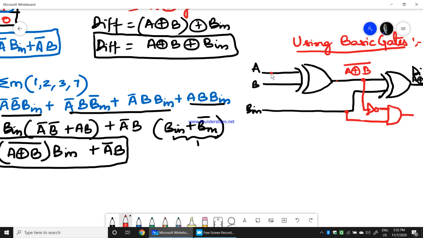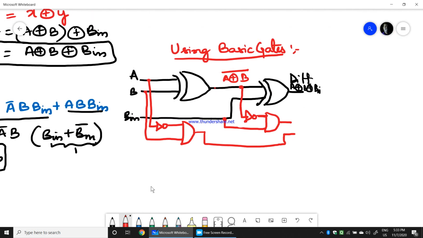The other AND gate gets A through a NOT gate, and B as another input. Then an OR gate gives me borrow, which is A XOR B the whole bar multiplied by B in, plus A bar B.